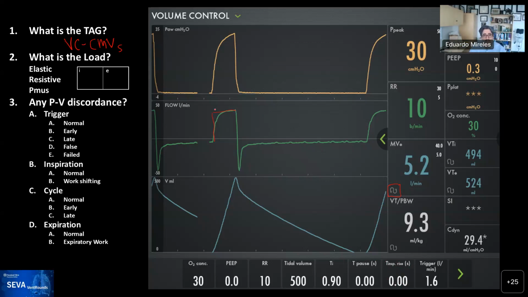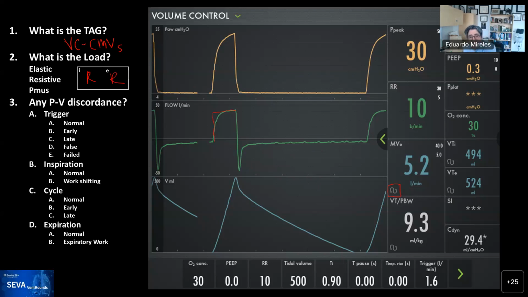In this one, we didn't put an end expiratory pause, but there's a very rapid rise in the pressure on this patient, and it's essentially because we're delivering tidal volume very, very rapidly.